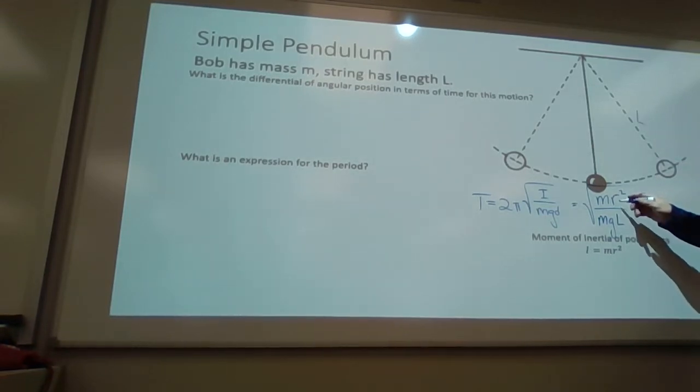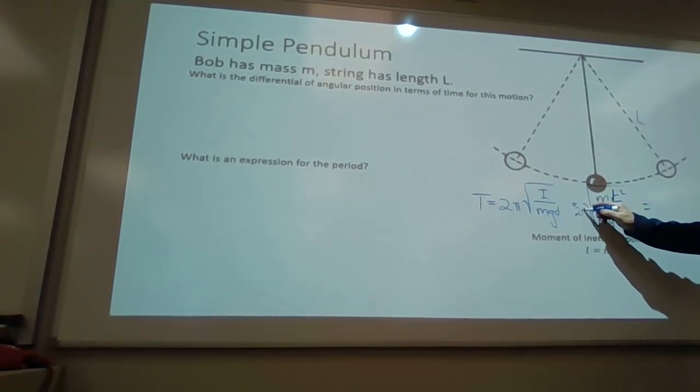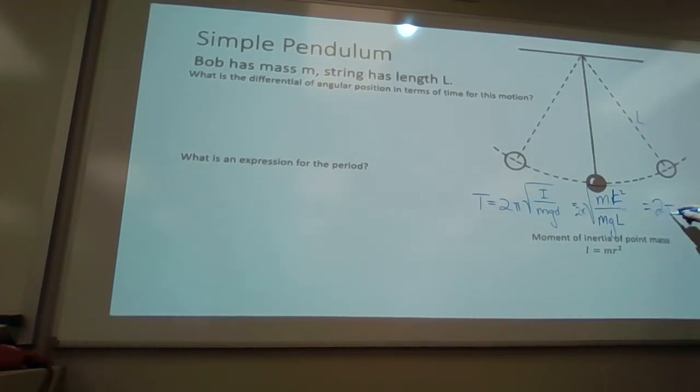Which is the same thing as r, which gives us, oops, sorry, there's 2 pi there. 2 pi, the m's cancel, one of the l's cancels. Boom shakalaka on your equation sheet. Okay, that was the punchline.